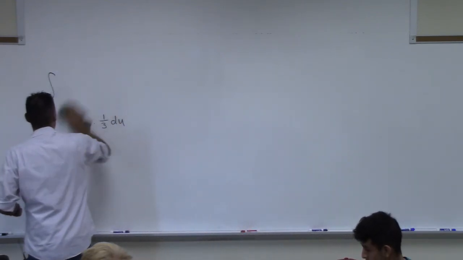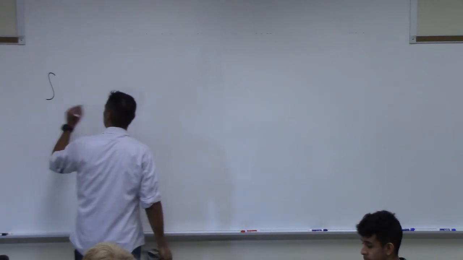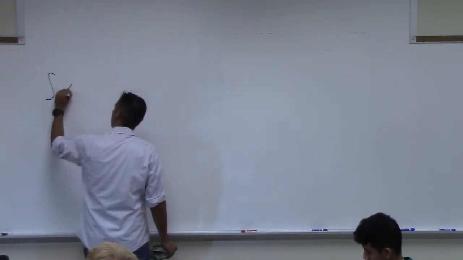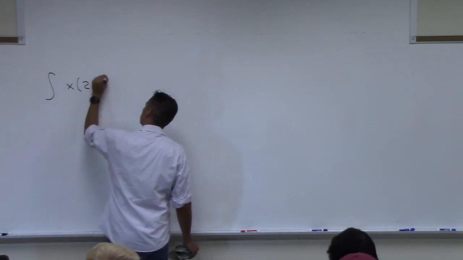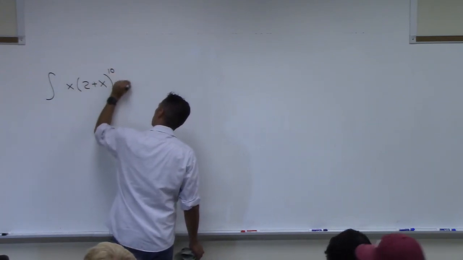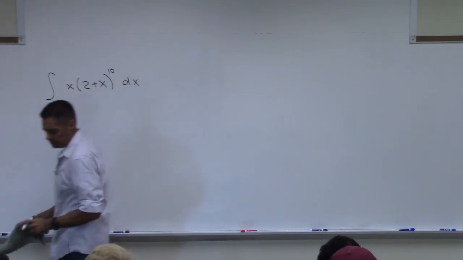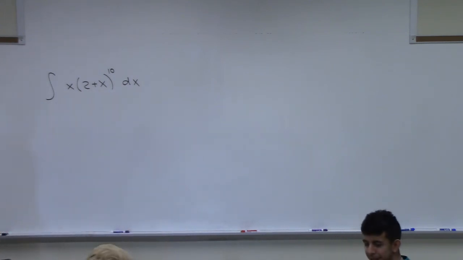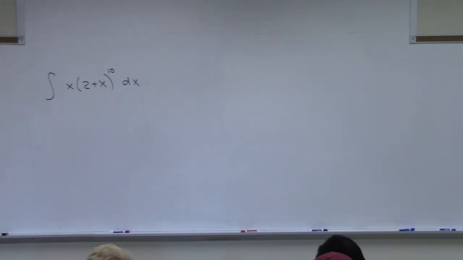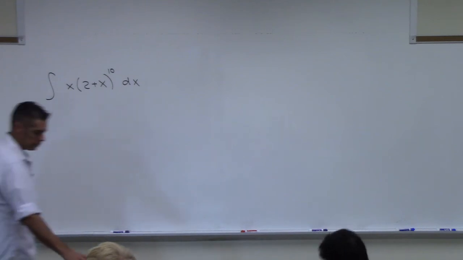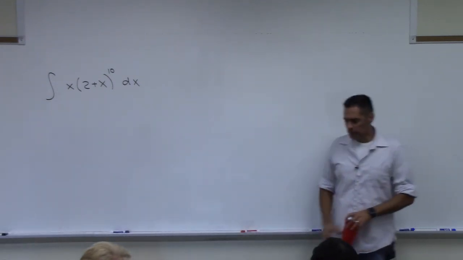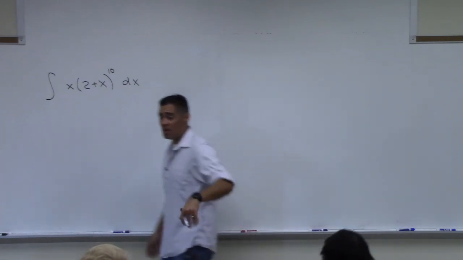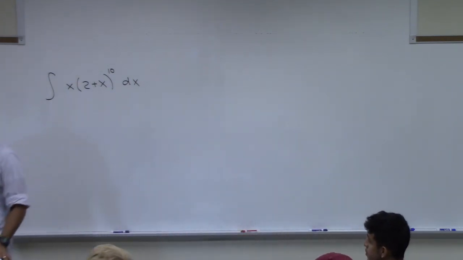So let's see here. How about this one? What is a definite integral? We'll talk about that. Okay, how about that? We're going to talk about it today because I have to tell you something before you go try your homework.